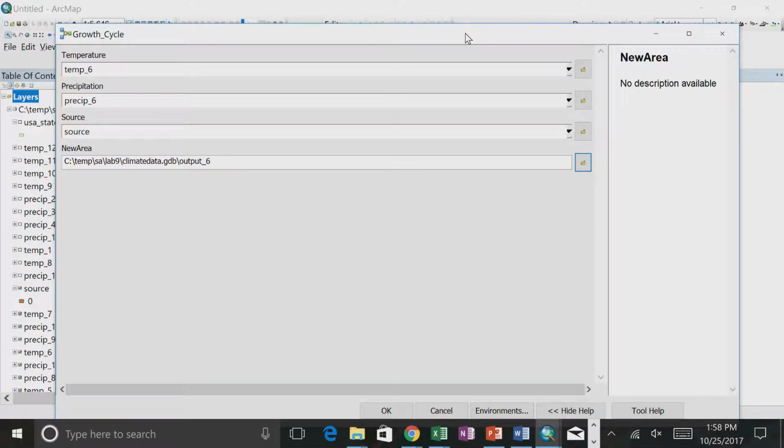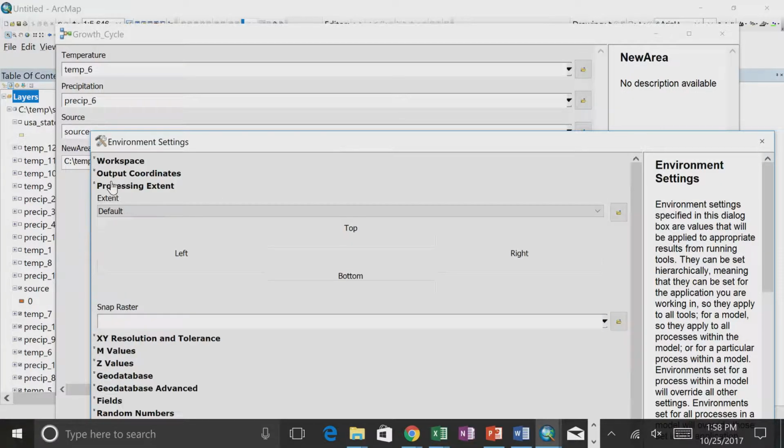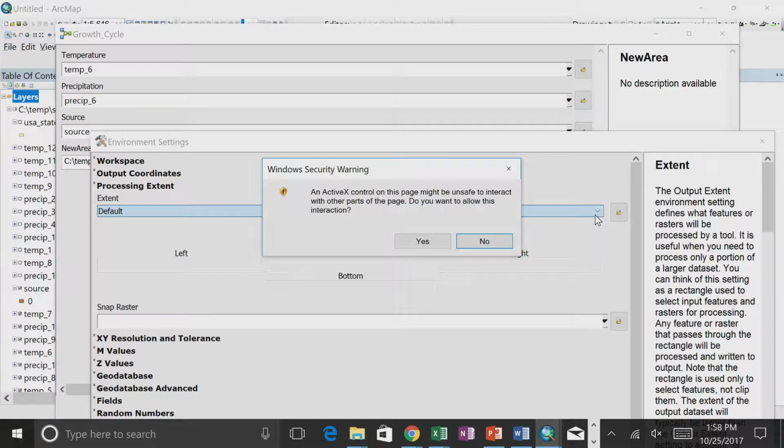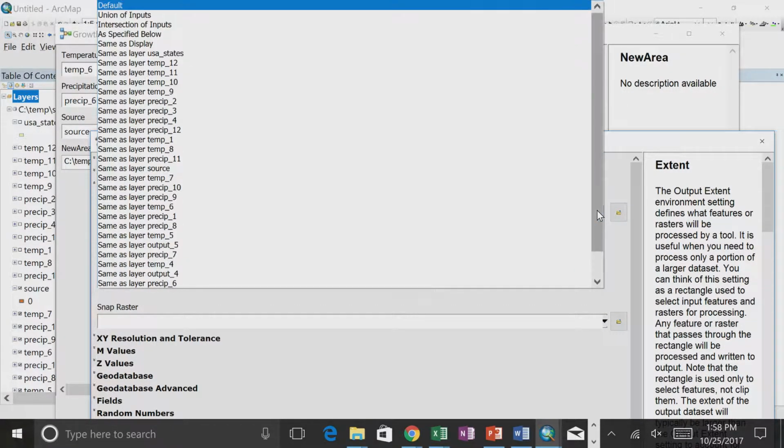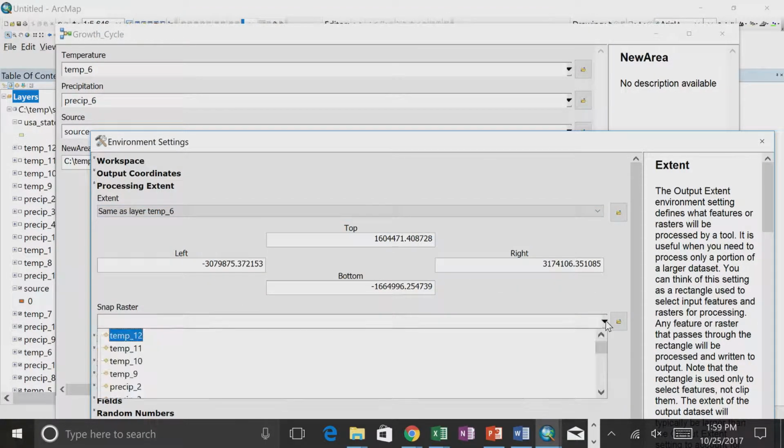Because that's so small, if we didn't change the environments to be the entire map, it would use the minimum extent as the default. So let's change the processing extent to just the temp. Any of these will do because they all have the exact same extent.